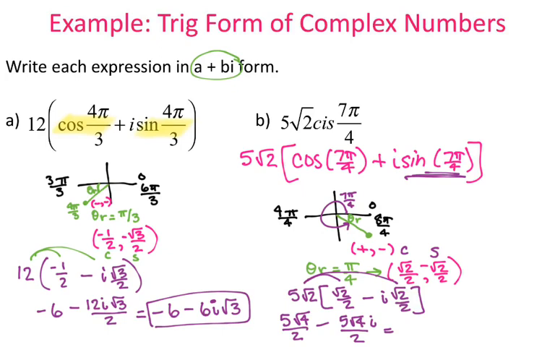All right, but what is the square root of 4? Square root of 4 is 2. So I have 10 over 2 minus 10 over 2 i, which of course can be reduced. 5 minus 5i. And there is your final answer.